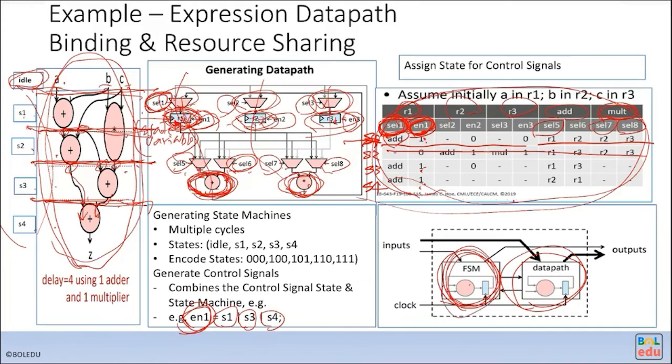So the control logic here records the state machine and also generates the output control signals to control all the data path flow. Yeah. So this completes the expression synthesis. Eventually, high-level synthesis basically generates the data path and its corresponding control signals.